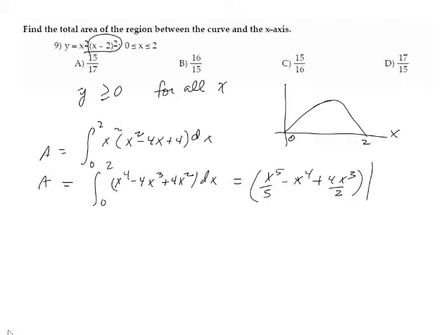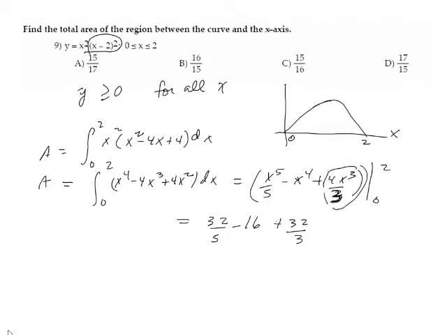We evaluate that at 0 and 2, and we get 32 fifths minus 16 plus 32 thirds. By the way, this should be 4x cubed over 3 here.